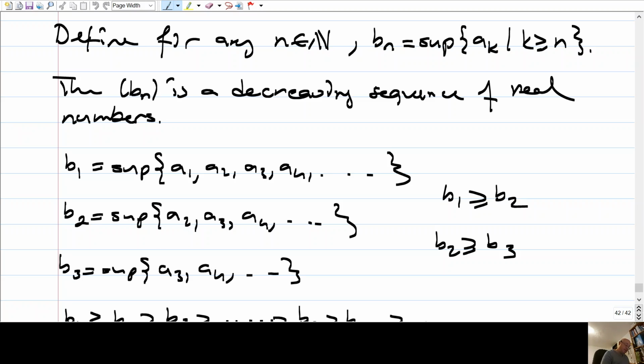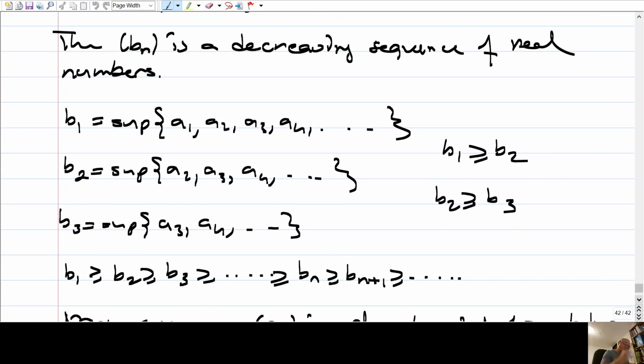B3 is the supremum of the set of all elements with index at least 3, and so on. Since this set is contained in this one and this one is contained in this one, this is a nested sequence of sets. Therefore, supremums form a decreasing sequence because each time you take the supremum of a smaller set.